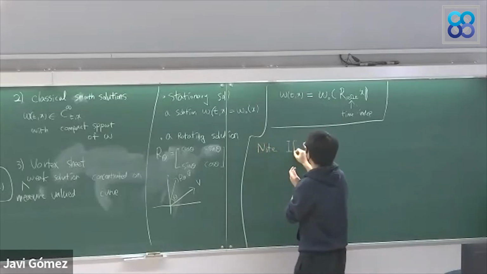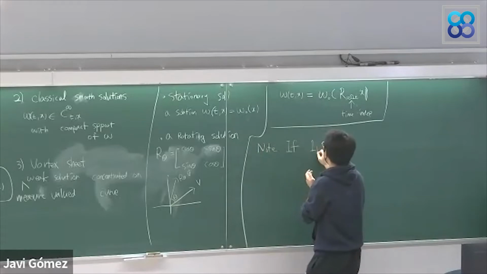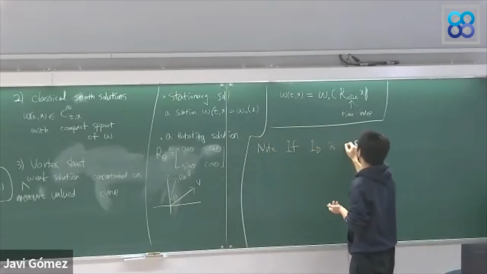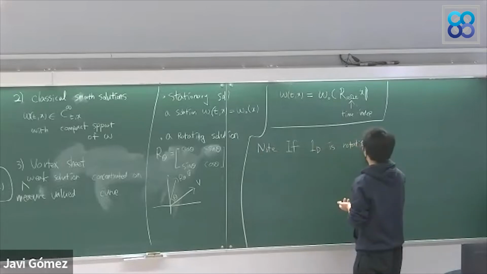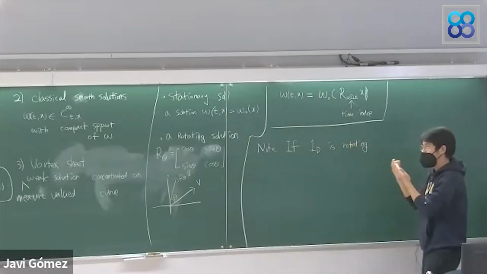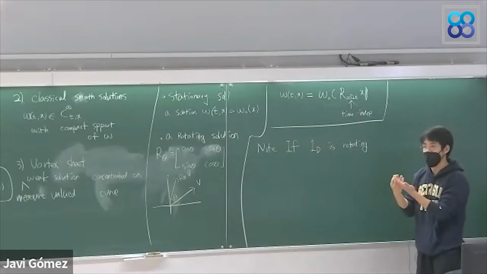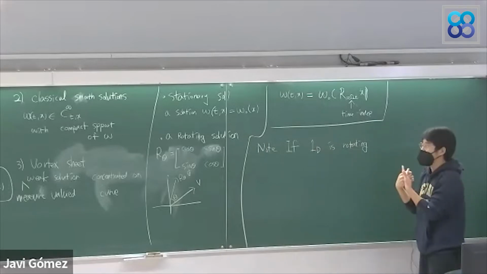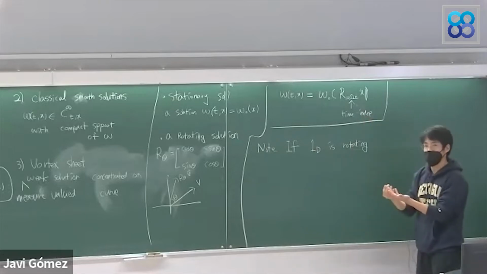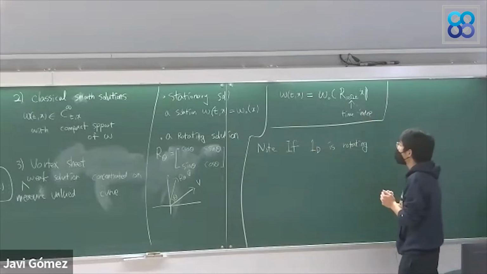Whenever I say in this class that the solution is rotating, I always mean that the rotation is uniform. So I'm always going to assume that this angular velocity doesn't depend on time.